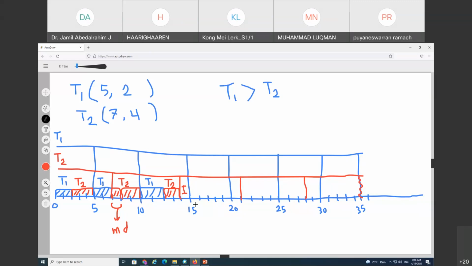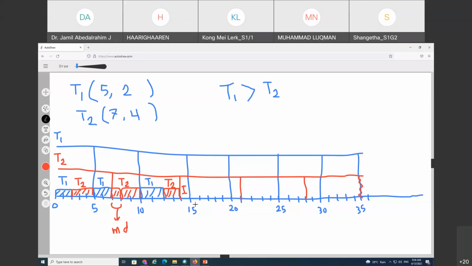Yes, I think so. Based on the given period and execution time, the time from 14 to 15 should be idle. Other students agree? Can we continue? Agree, sir.